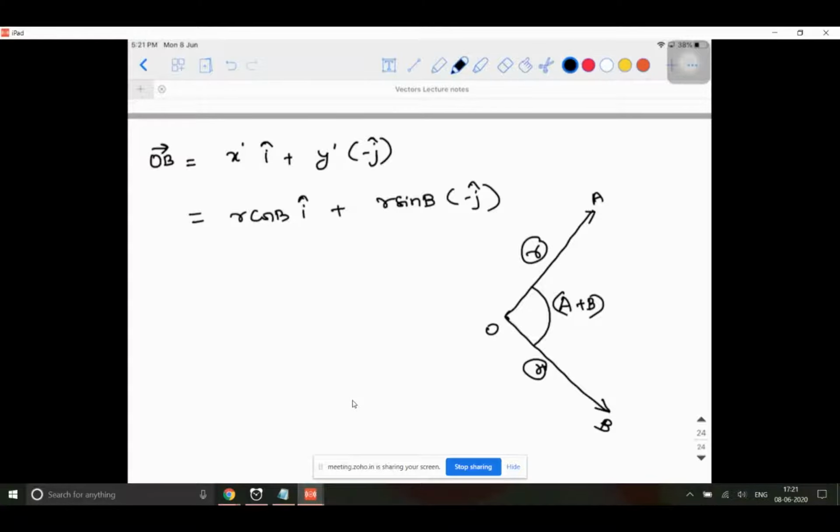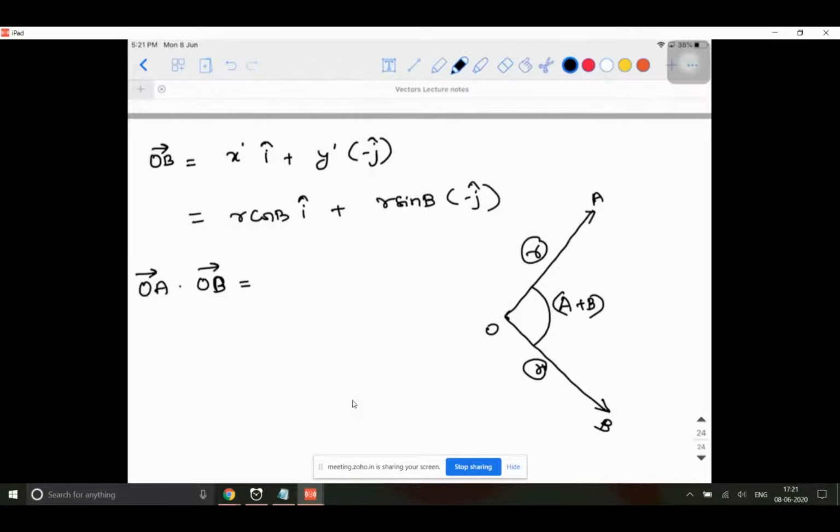Okay. Now what I am going to do is write OA vector dot OB vector. So what is OA vector dot OB vector according to the definition? A vector dot B vector, I asked you the definition, you people wrote it also. How do you define it?